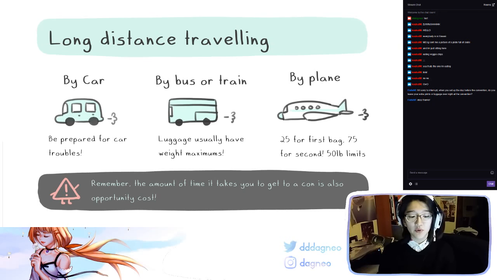Both of them usually have a 50-pound limit, and beyond that, it gets overcharged, and it can get really expensive. So just watch out for that. Again, there are exceptions. I think Southwest actually has their first checked bag for free. So I know a lot of artists that are very, very loyal to Southwest just because it really adds up. So just be aware of those kinds of things.